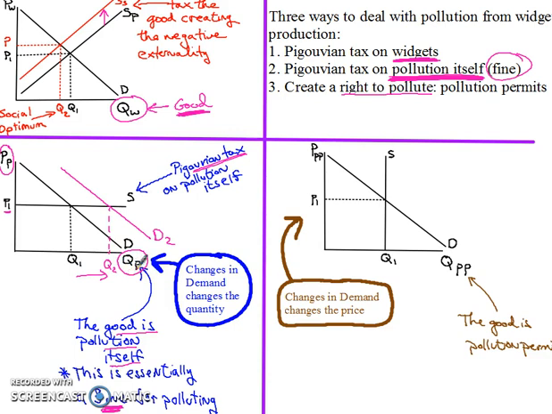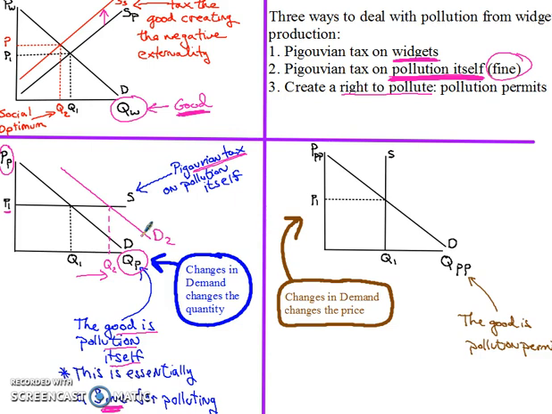There will be more pollution. So if the government uses a fine directly on the pollution itself, they are giving up control of the quantity. They have control over the fine, but the quantity is determined by the demand curve.